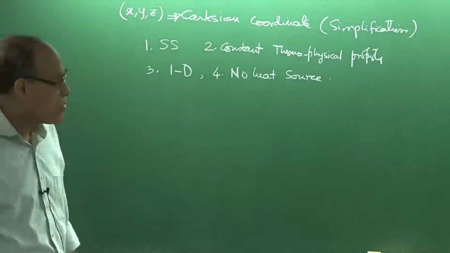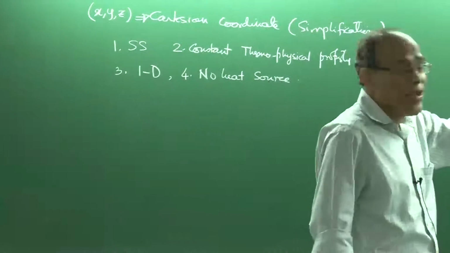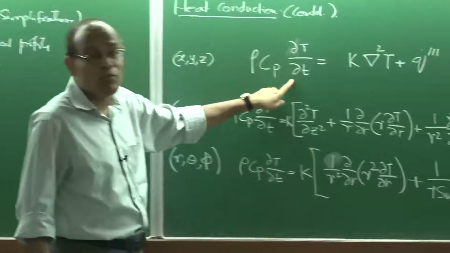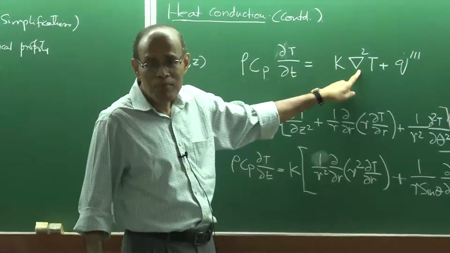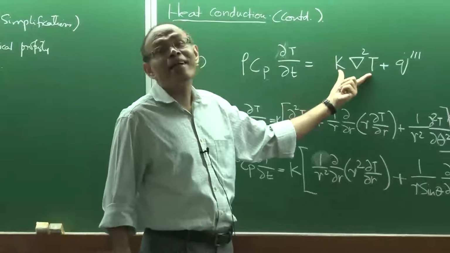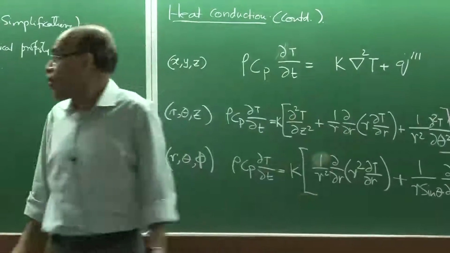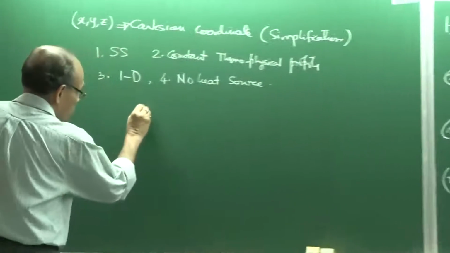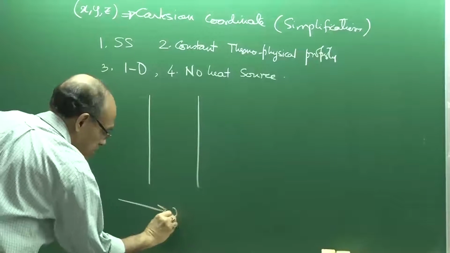If you do this, in that case, the unsteady term will vanish because it is a steady state problem, and because it is a one-dimensional problem, only one derivative will remain. As far as the drawing here, the geometry is like this.